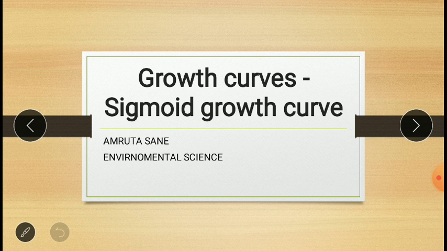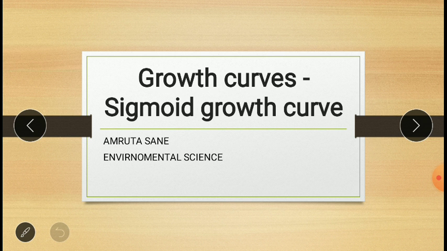When we talk about the size of the population, there can be an increase or a decrease in the population. This increase and decrease is due to fluctuations taking place because of some factors.